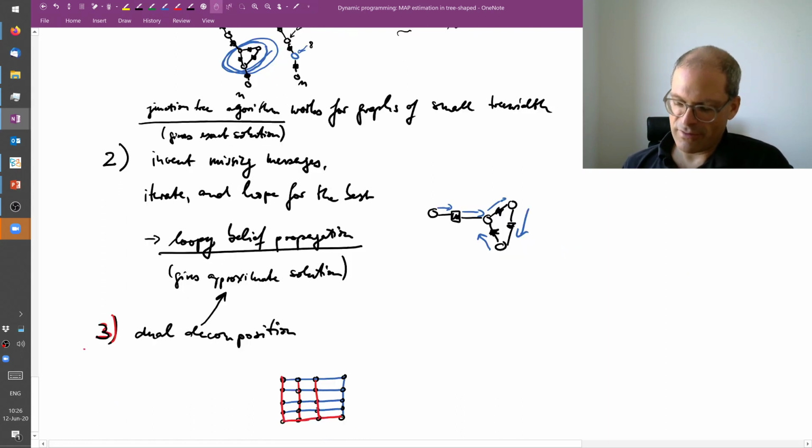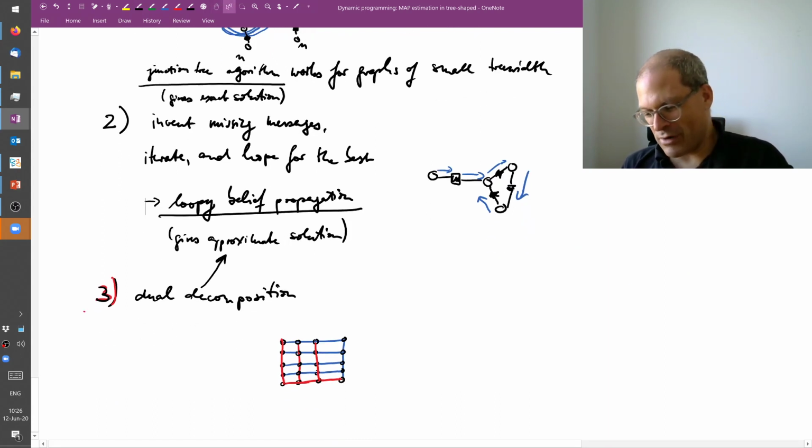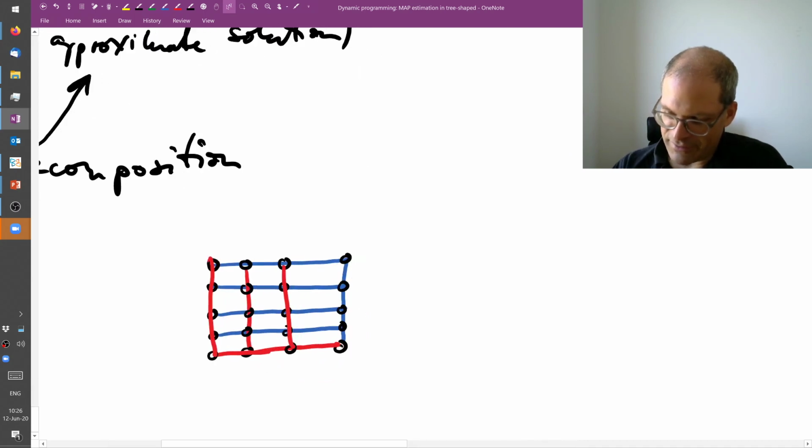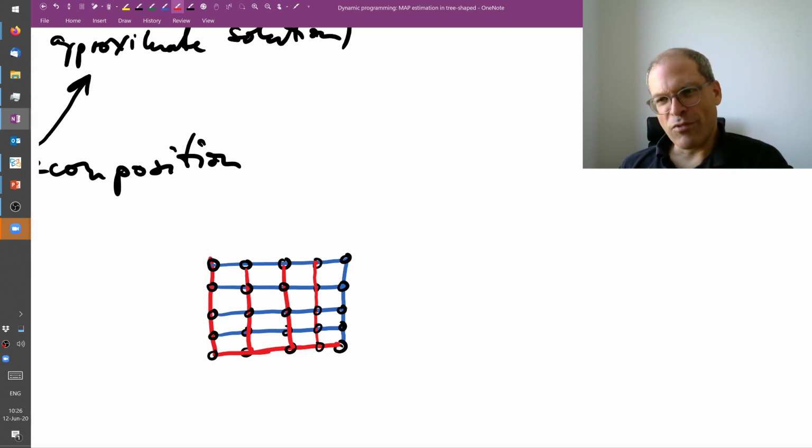And the third approach, how to use tree ideas when your graph is not a tree, is to use dual decomposition. So here in this example, we have a Cartesian lattice, and I have now drawn a red tree, and I have drawn a blue tree. Both of them are sort of half the truth. So the red tree spans the columns plus the bottom.